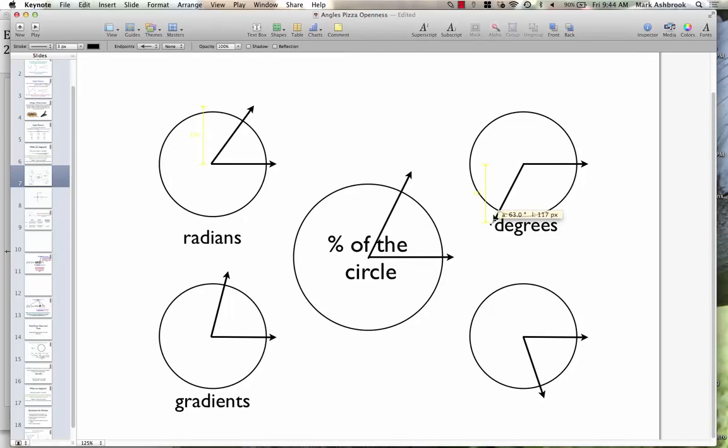First you're going to find what percent of the circle that is. Then you're going to take that same percent of a full rotation in radians, and it'll give you the equivalent openness in radians. Nothing to memorize. It just makes sense. Everything goes through percent of the circle.